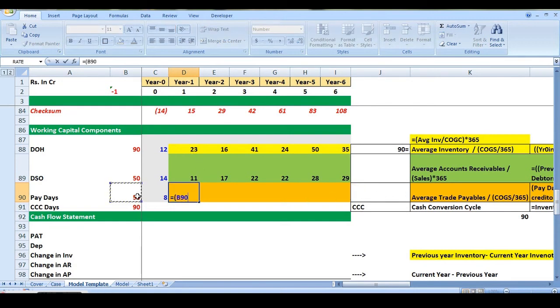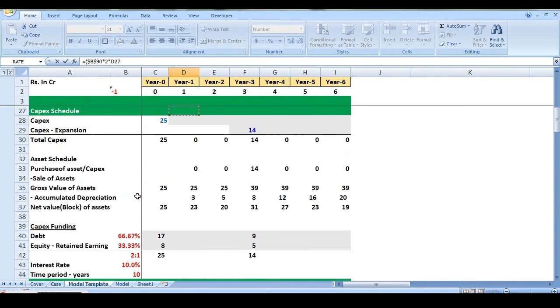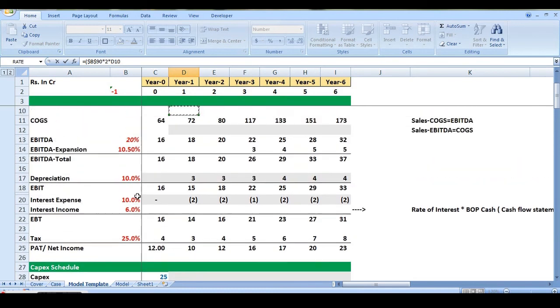Pay days is going to be constant, so freeze it, multiplied by 2. Now here we are multiplying it by COGS because the purchase value is not available to us. If the purchase values are available, kindly take those values. But as those are not available, we will take the COGS values from the income statement.